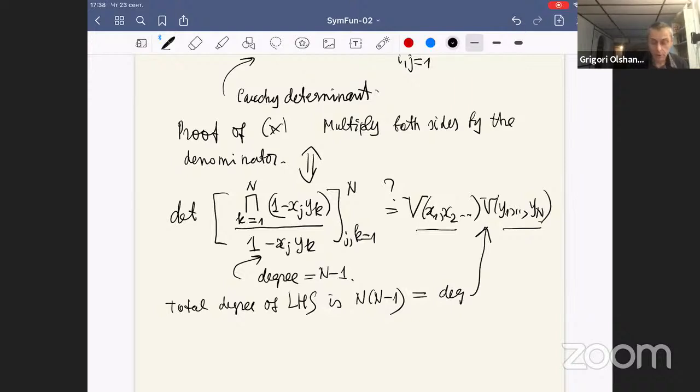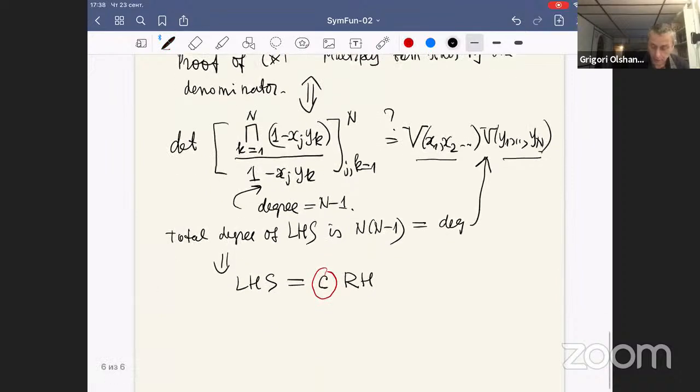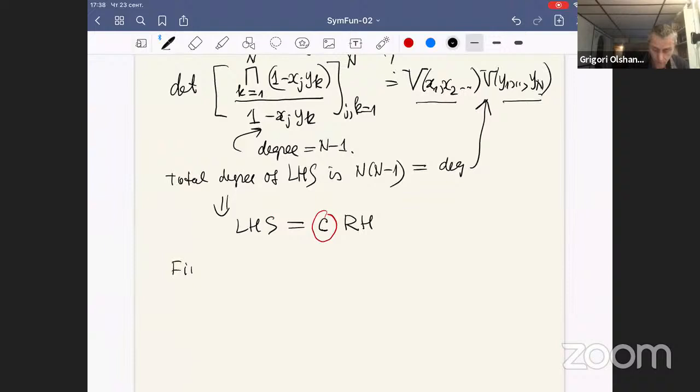So this means the left-hand side is equal to the right-hand side times some factor C. And finally, we need to prove that C equals 1.